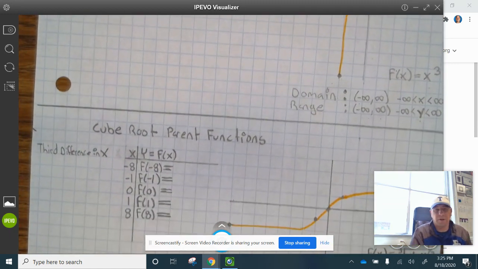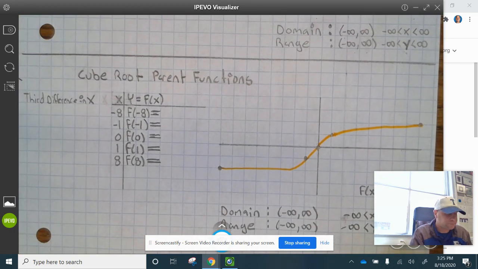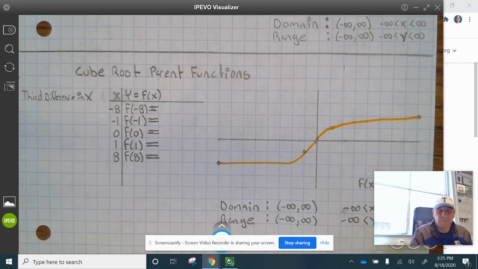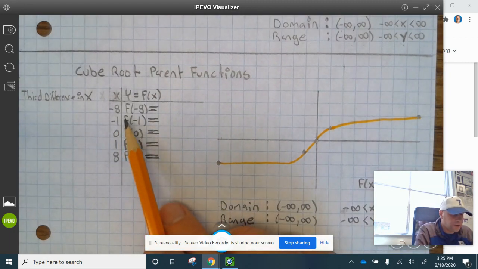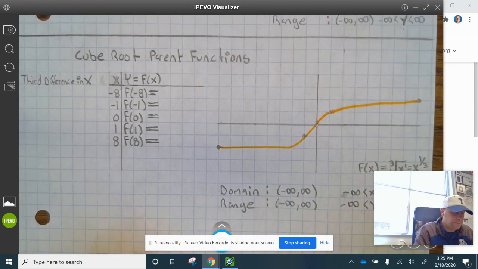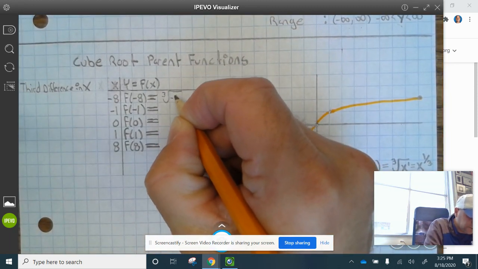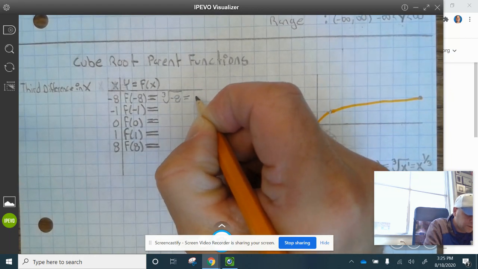All right, now let's take a look at cube root parent functions, okay? Now, when x is -8, f of -8 equals, well, the cube root of x, okay? So the cube root of -8 is -2.